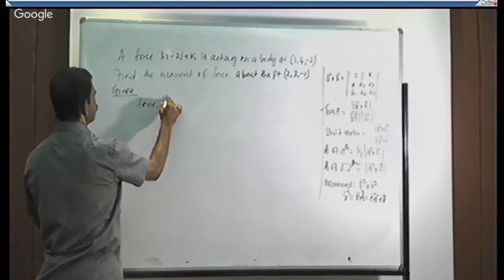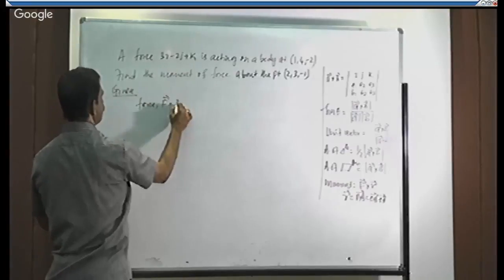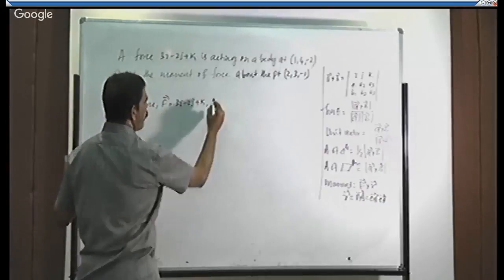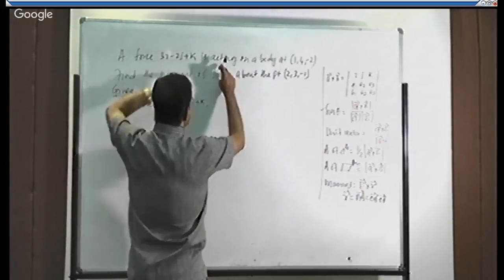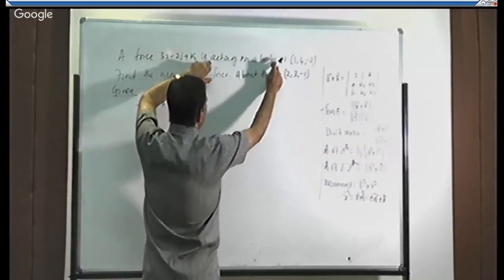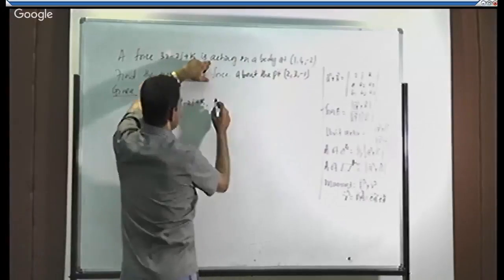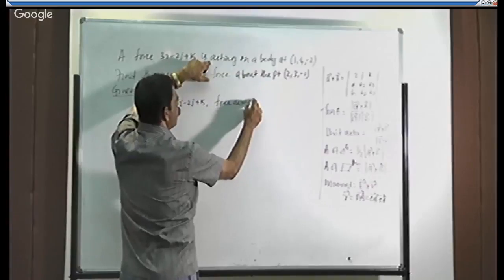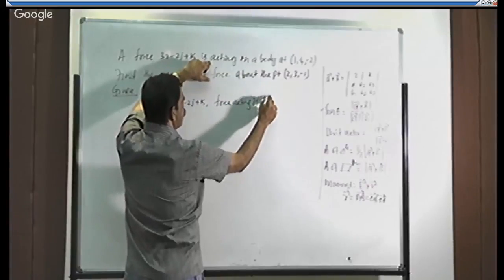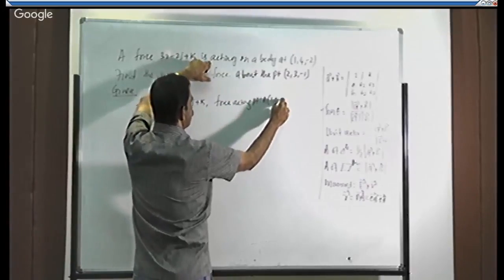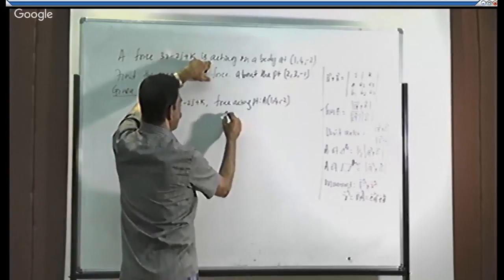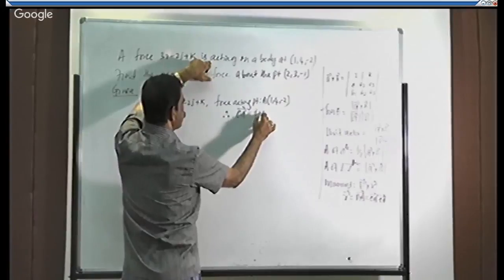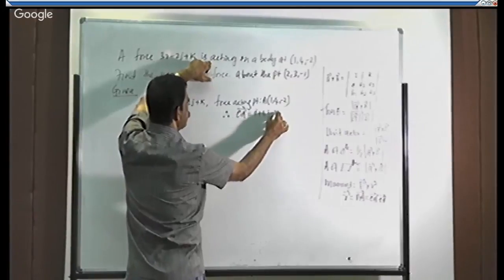F is equal to force 3i minus 2j plus k, acting on a body at this point. Hence, force acting point is A of 1, 4, minus 2. Therefore, its position vector OA is equal to i plus 4j minus 2k.